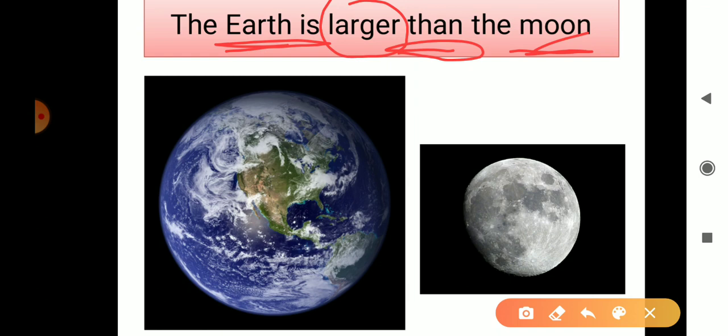So we cannot make a positive degree there. We cannot say it in the positive, because we know the size of earth and the size of moon. So here, the earth is larger than the moon.